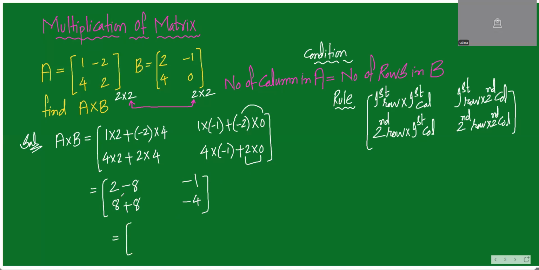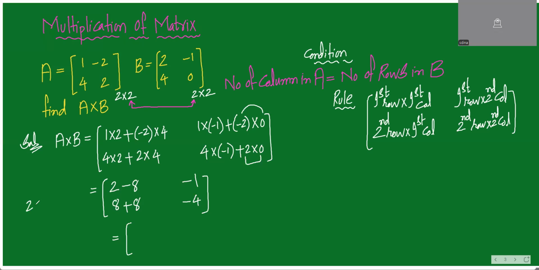Correct? Okay. Now let us further simplify. 2 minus 8 is how much? No, we are not multiplying, we are adding.